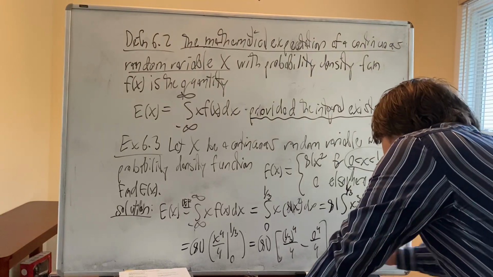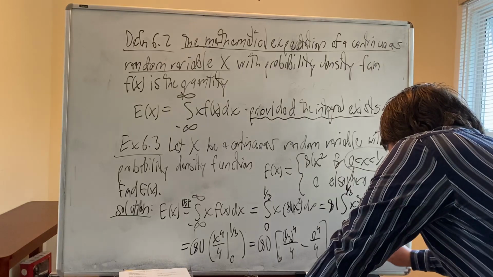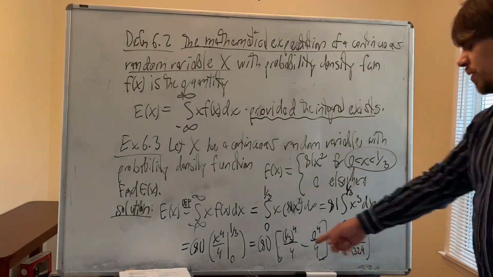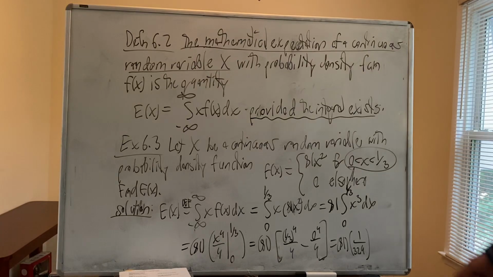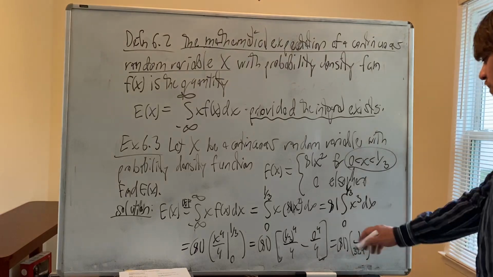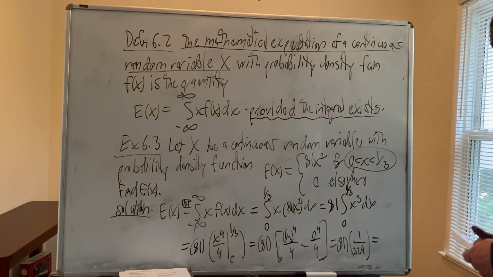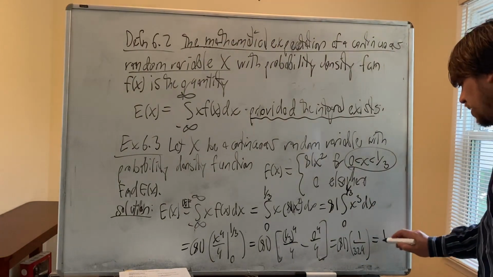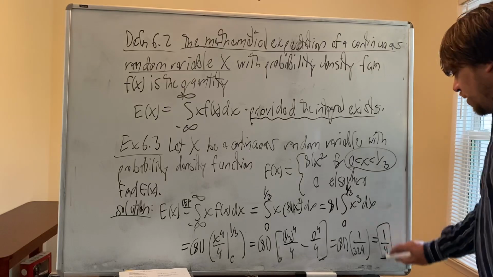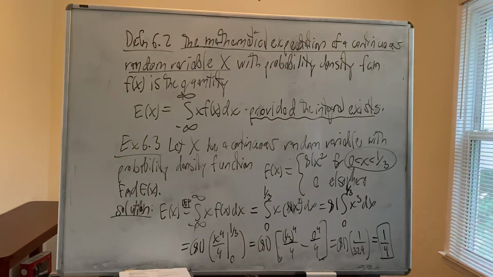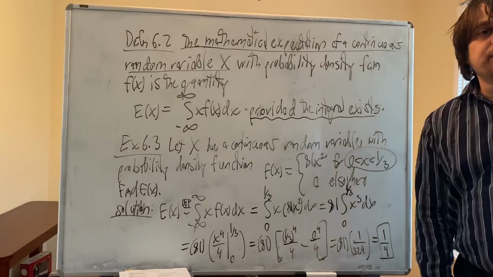So this is 81 times 1 over 324 minus 0. 81 times 4 is 324, so 81 over 324, divisible by 81, is actually 1/4. Okay, so E of x is 1/4.